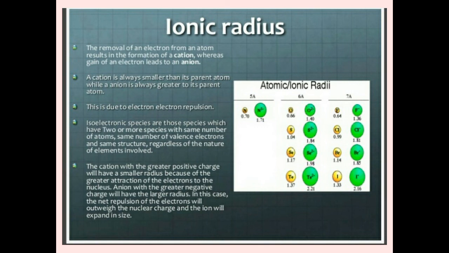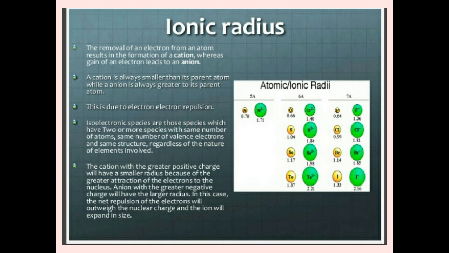Because in isoelectronic species the radius is inversely proportional to the atomic number. Suppose we have O2 minus, N3 minus, F minus, Na plus, Mg2 plus. They are all isoelectronic species because they all have 10 electrons.